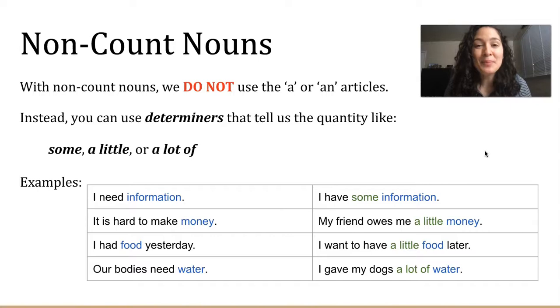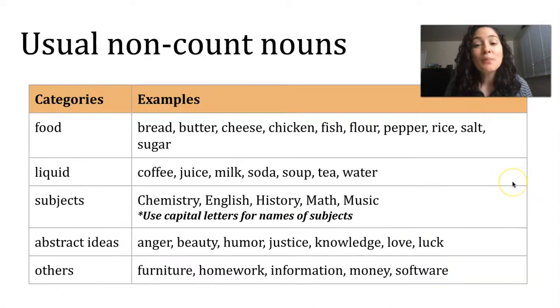Here are some examples to help you understand how to use non-count nouns. I need information, or I have some information. So you can see how you can use these determiners. Here are some more examples of non-count nouns.